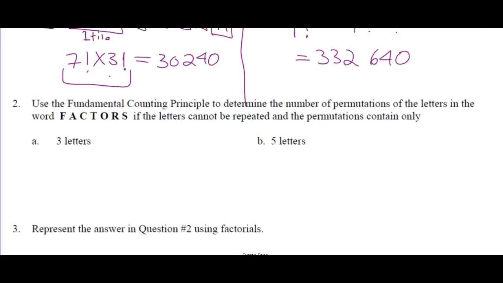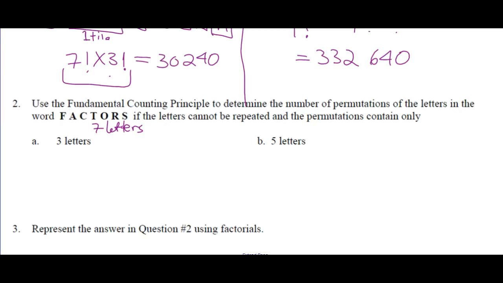All right, use the fundamental counting principle. Again, we're using the fundamental counting principle to determine the number of permutations of letters in the word factors, if the letters cannot be repeated and the permutation contains only 3 letters. Okay, so how many letters? 7 letters. Now, if it said vowels and such, you could count those, but at this point there's no point in counting vowels, so it doesn't matter.